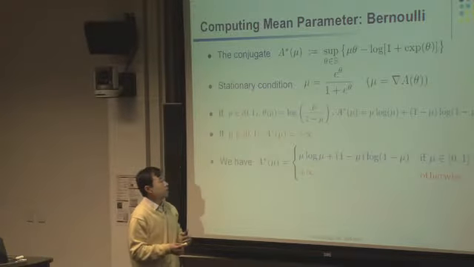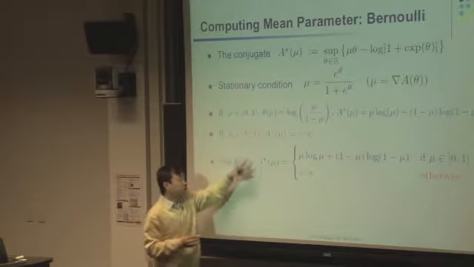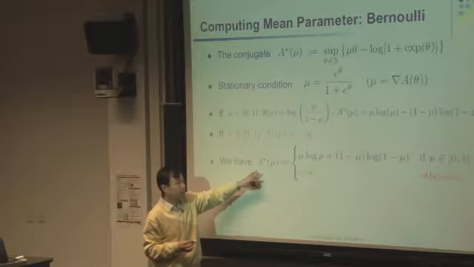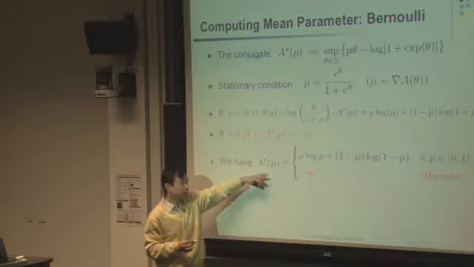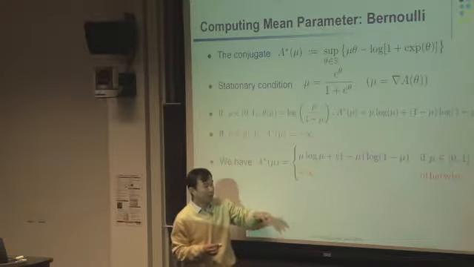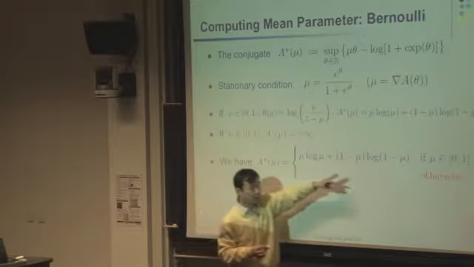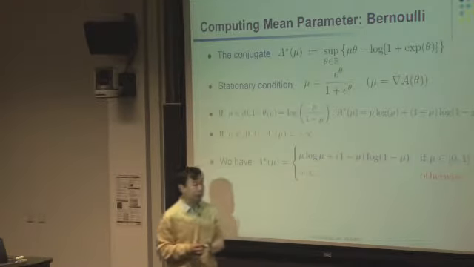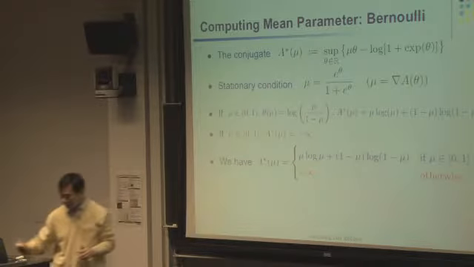So in a nutshell, the dual function, or in the dual space, can be written in this form. It takes this closed form as a function of mu if mu is in the feasible space, and otherwise it is going to lead you to an invalid solution.